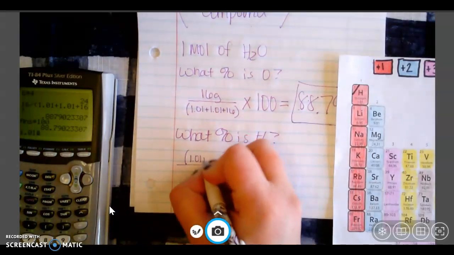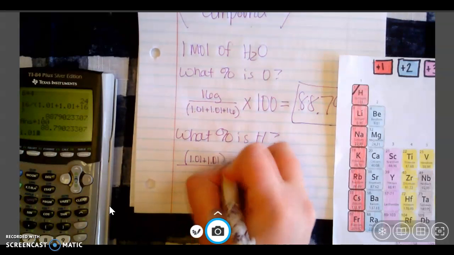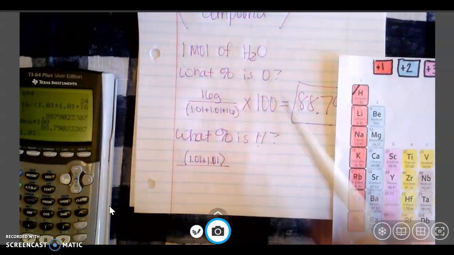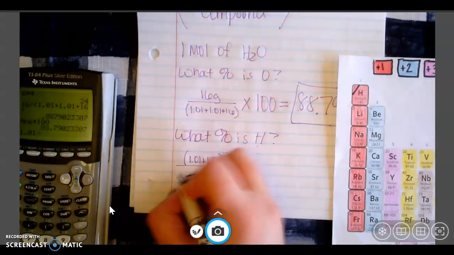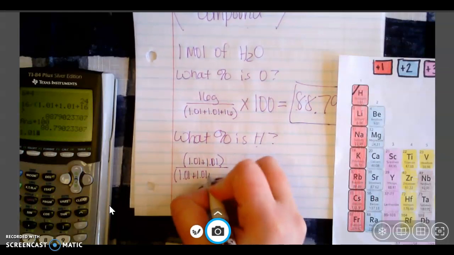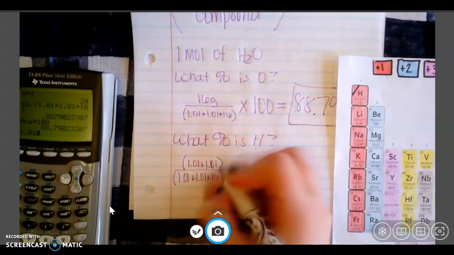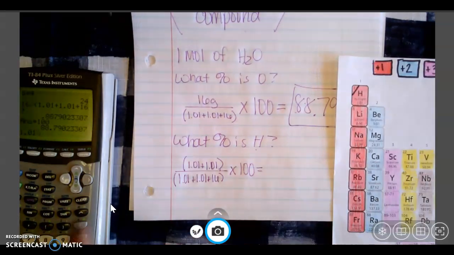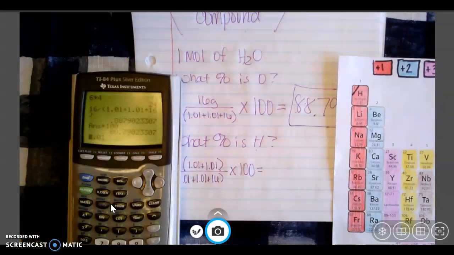So I have 1.01 plus 1.01, because again, I have 2 hydrogens in this molecule. And then I'm going to divide that by the mass of the whole compound, and then I'm going to take that number and multiply it by 100. So I've got 1.01 plus 1.01.